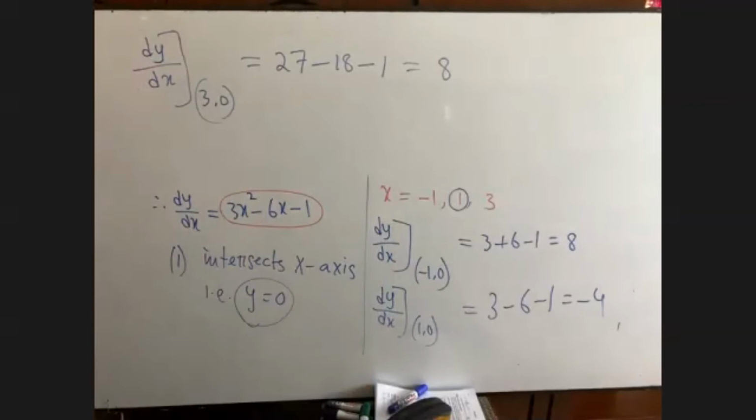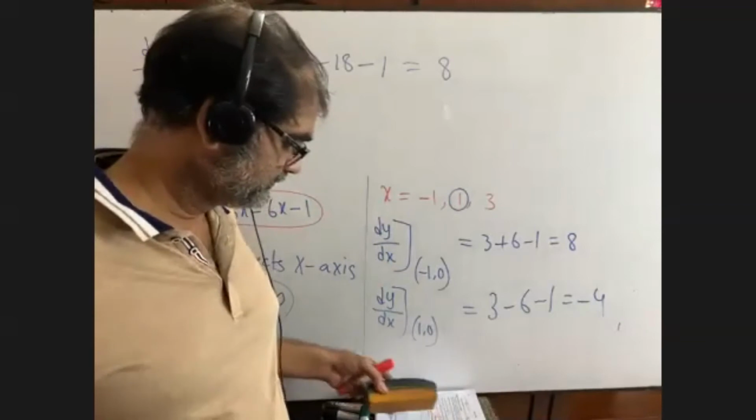So we have found the slope at the points minus 1 comma 0, 1 comma 0 and 3 comma 0. Have you got it or not? This is the question.